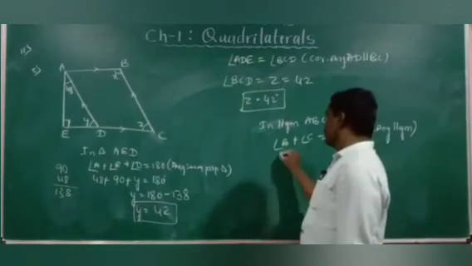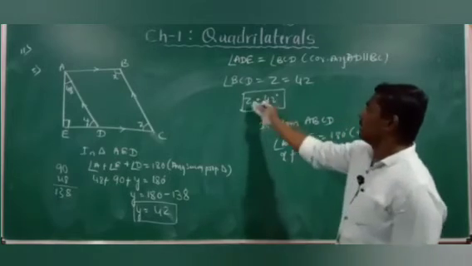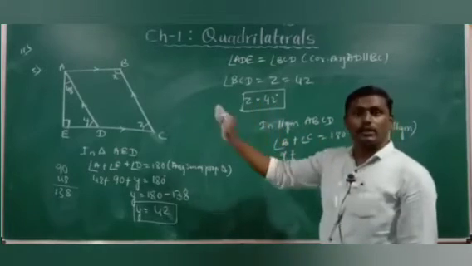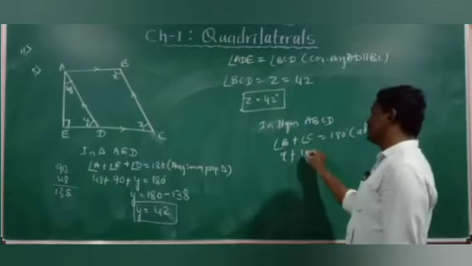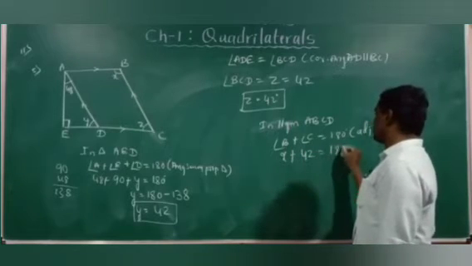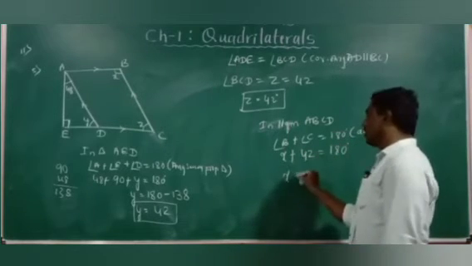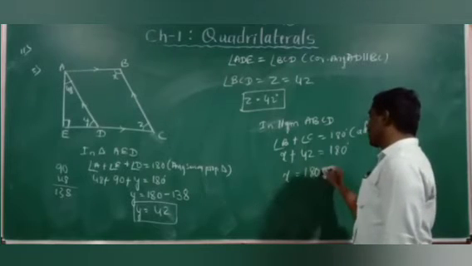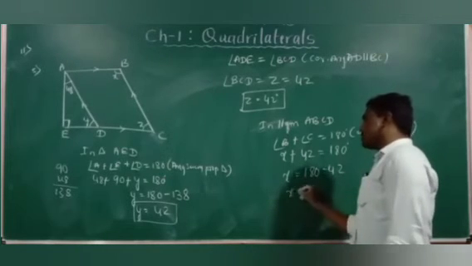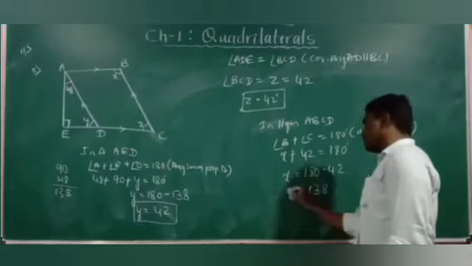Angle B is nothing but X and angle C is nothing but Z. We have already calculated the Z value, that is 42. Now X is equal to 180 minus 42. X is equal to 138.